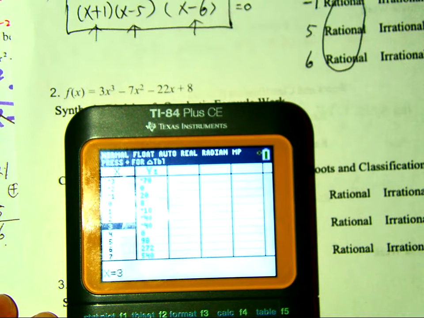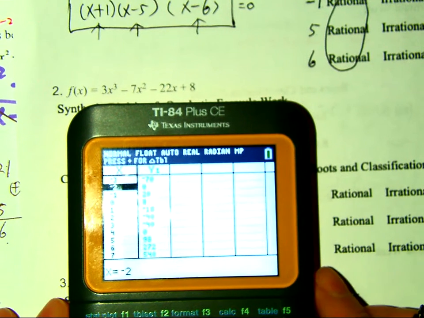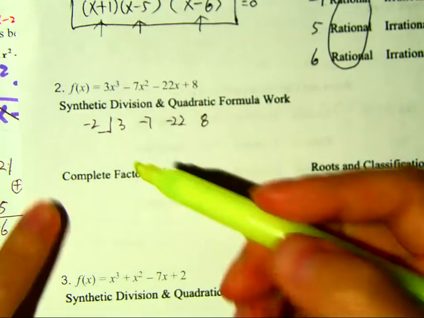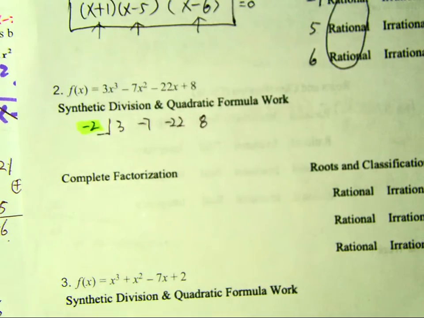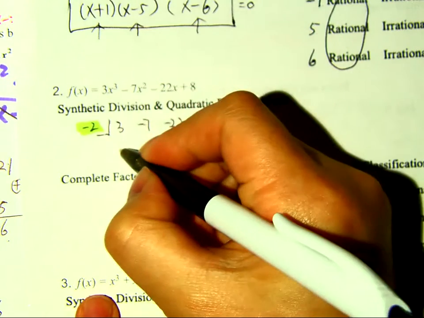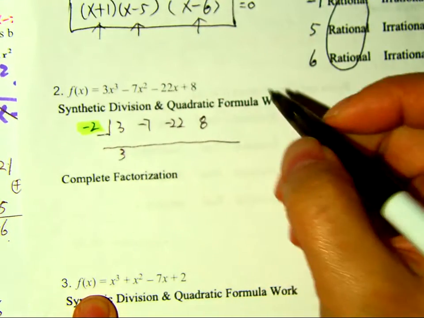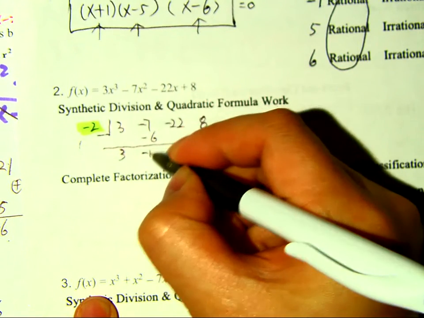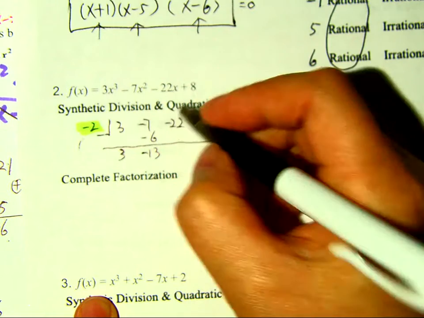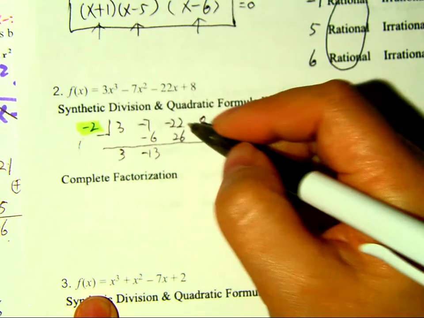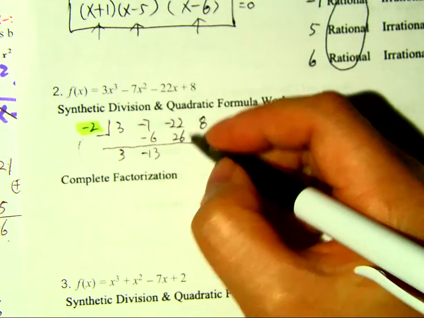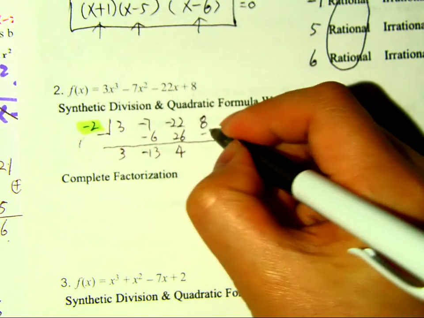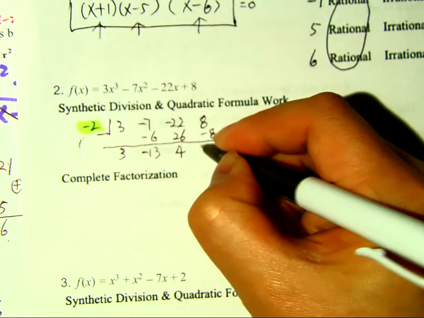It doesn't matter which one you use. So if I'm using negative 2, okay, let's do negative 2. I'm highlighting this. So bring down 3, multiply, negative 6, plus negative 13, multiply, positive 26, and then plus, that will be positive 4, and then multiply, negative 8, plus will be 0.